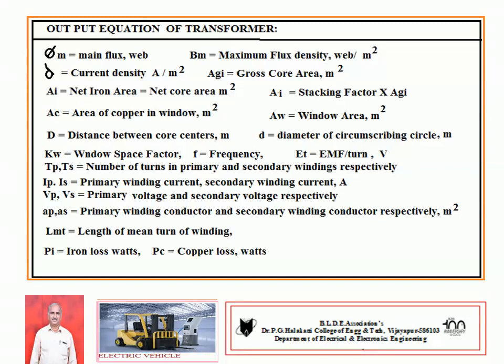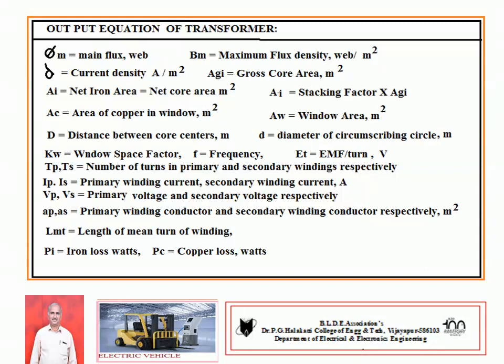AW is the window area, AC is the area of copper in the window. The stacking factor you can assume as standard 0.9. Therefore, area of iron equals stacking factor into AGI. The only understanding is AGI is greater, AI is smaller. Capital D is the distance between core centers.